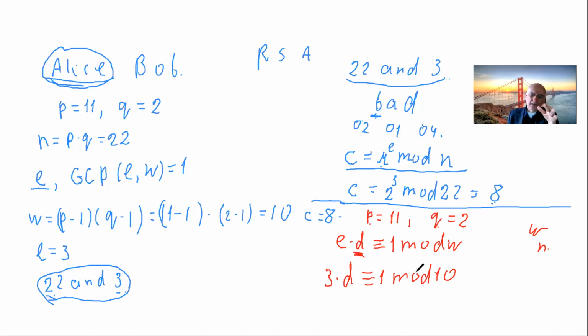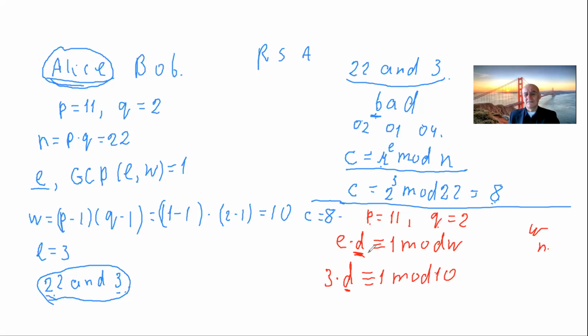Also, I forgot to emphasize that this D must be positive. Do you remember our example? We got a negative inverse by the extended Euclidean algorithm, but in an easy way we then found the positive inverse.